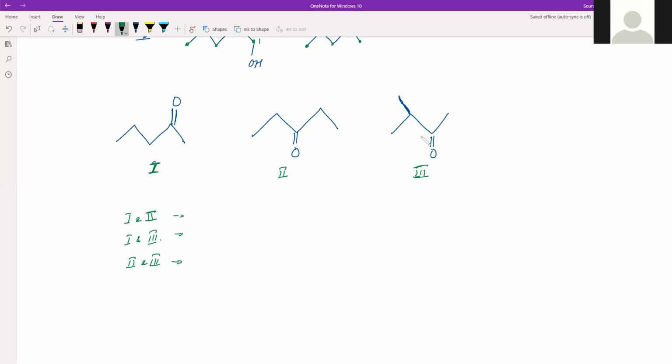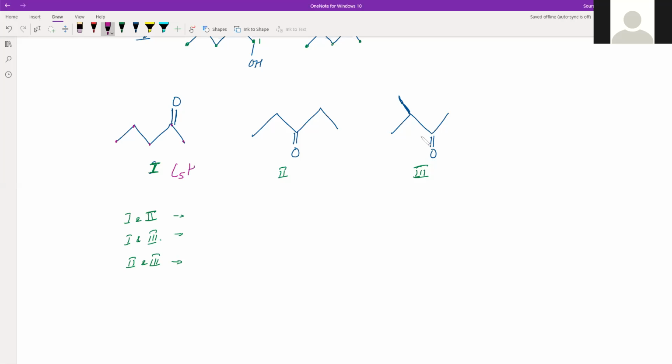So 1 and 2. First, you even have to decide whether they are isomers or not. For them to be isomers, their molecular formula should be the same. So first things first, find out their molecular formula. There are 1, 2, 3, 4, 5 carbons, so C5.